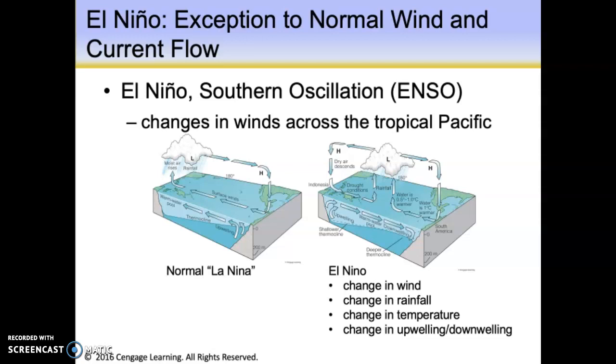In an El Niño year, the air currents change and the ocean currents change. Places where you would have upwelling, you have downwelling. Places where you would have downwelling, you might have some upwelling. Places where you would have rain, you get a dry year. Places where it's normally dry, you might get a wet year.